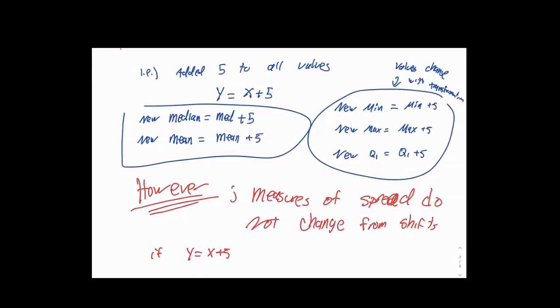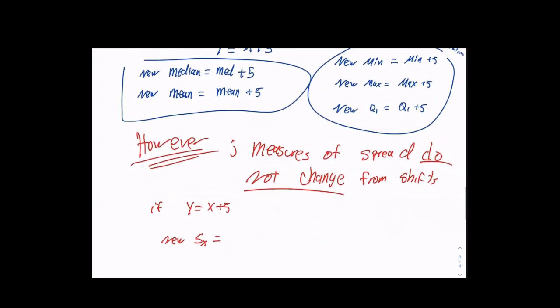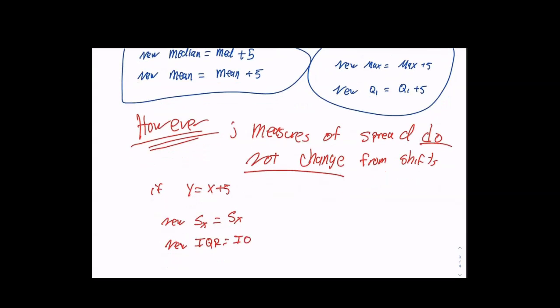And yes, I have kind of given you the answer. What is my new standard deviation? The same as the last one. And what is my new IQR? The same. What about my new range?